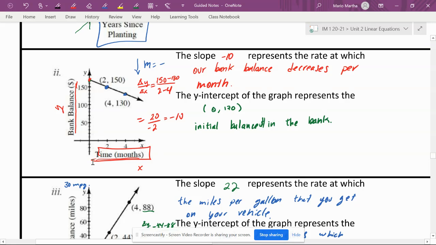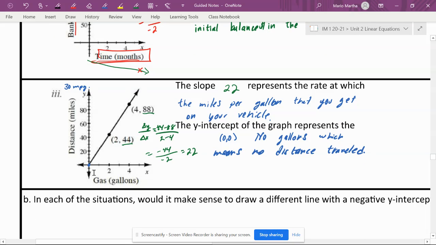For this one, the bank balance, I'm pretty sure that if you were to draw your line down here, if you have a negative bank balance, then you're not going to be able to take out money. So for sure, it doesn't make any sense to draw a negative line there. On the next one, since the x-axis represents gallons and the y-axis distance in miles, it doesn't make any sense for you to have anything besides starting on the origin, right?